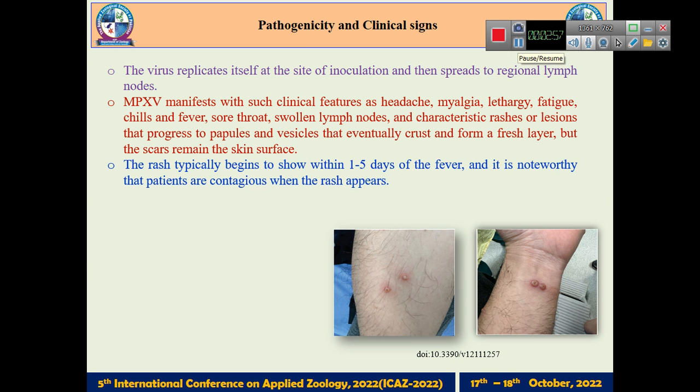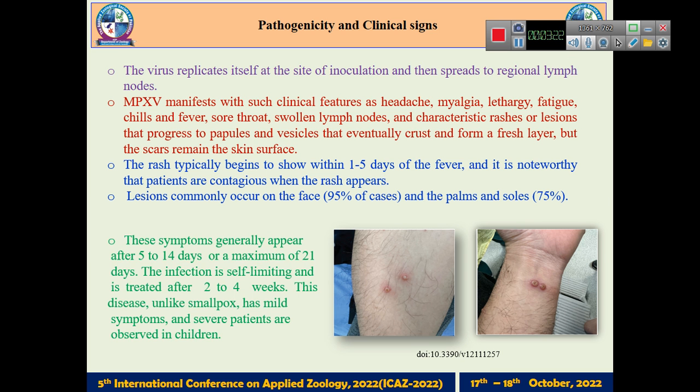The rash typically begins to show within 1 to 5 days of the fever, and it is noteworthy that patients are contagious when the rash appears. Lesions commonly occur on the face, 95% of the cases, and the palms and soles, 75%.